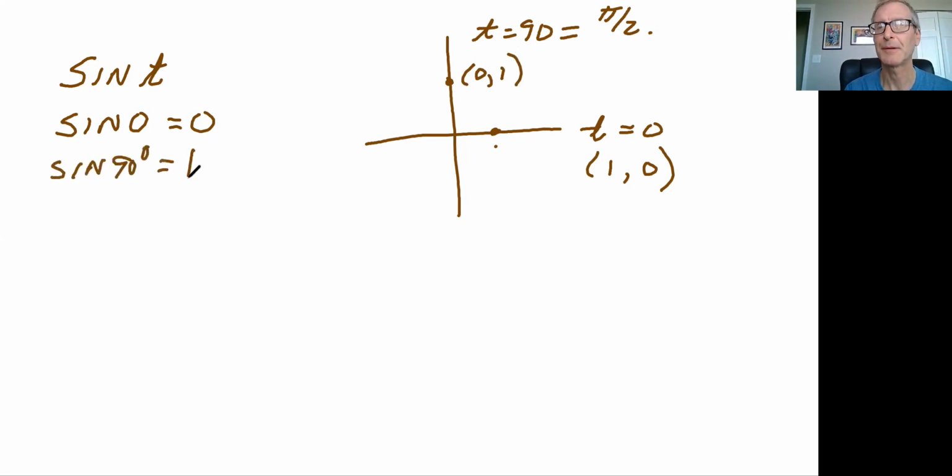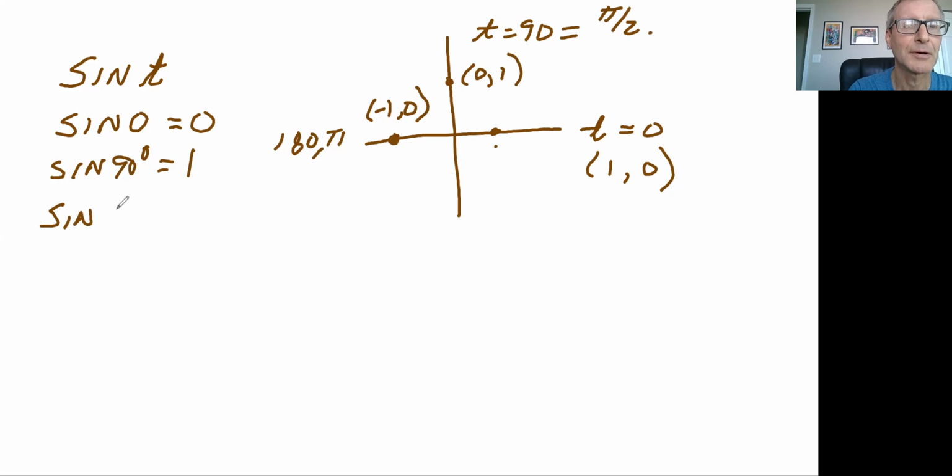That would be the y value, the number 1. What happens at 180 or pi? That would be x equals minus 1, again y equals 0. So sine of 180 degrees, again, would be 0.